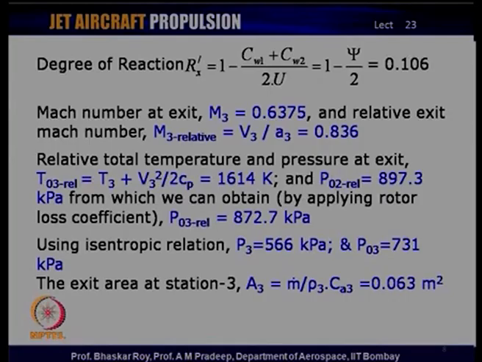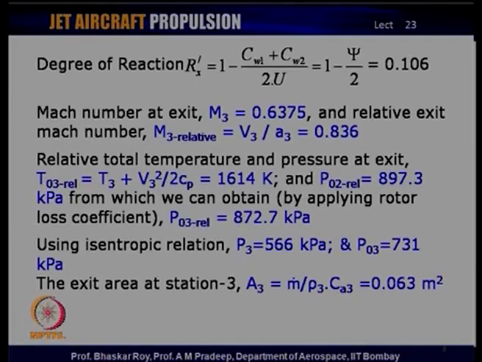Correspondingly, now we can find the exit area at station 3, and this exit area A3 is, again using the continuity condition and using m dot, which is constant across the stage, the local density rho 3 and CA3, the local actual velocity CA3. If we apply all those, we get at station 3 the area is equal to 0.63 meters per second.